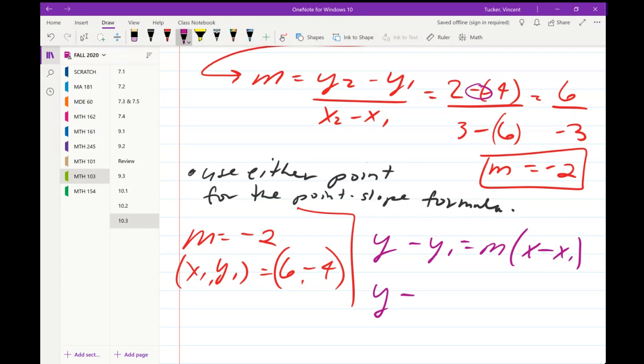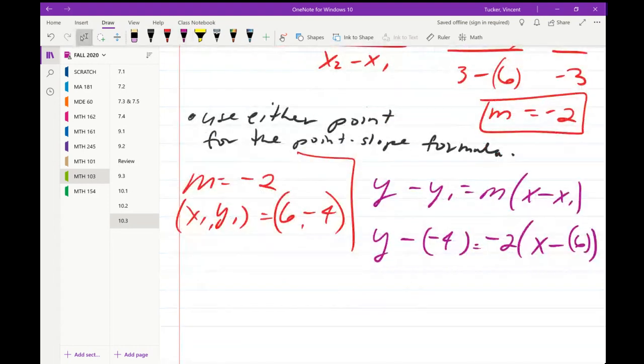So y minus y1 equal to m times x minus x1. Y1 is negative 4. M is negative 2. And x1 is 6. So y plus 4. Distribute the negative 2.